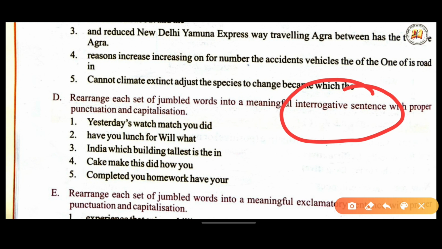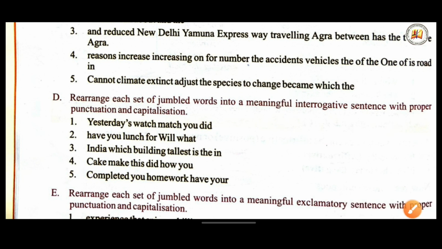It means a question mark at the end, with exact punctuation and capitalization. For example, we can take one example here: have you lunch, for what was, yesterday's watch match you did. It means: did you watch yesterday's match?